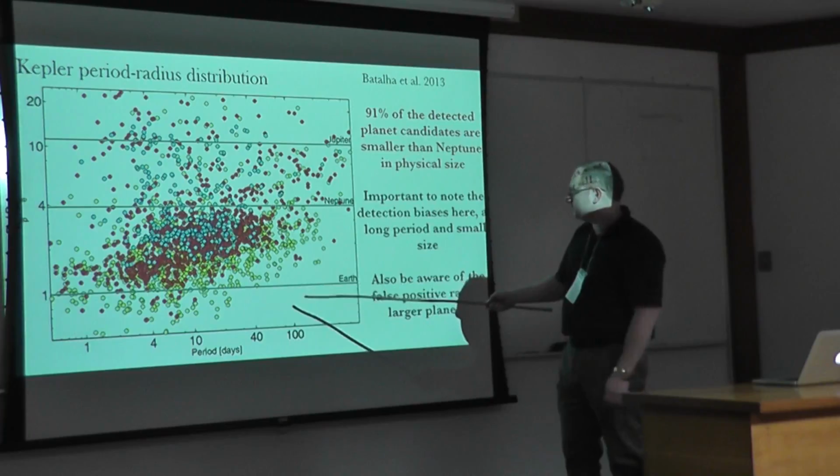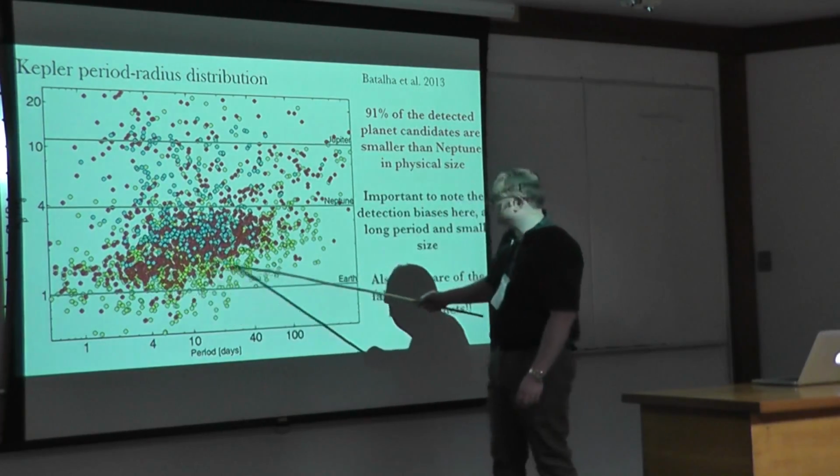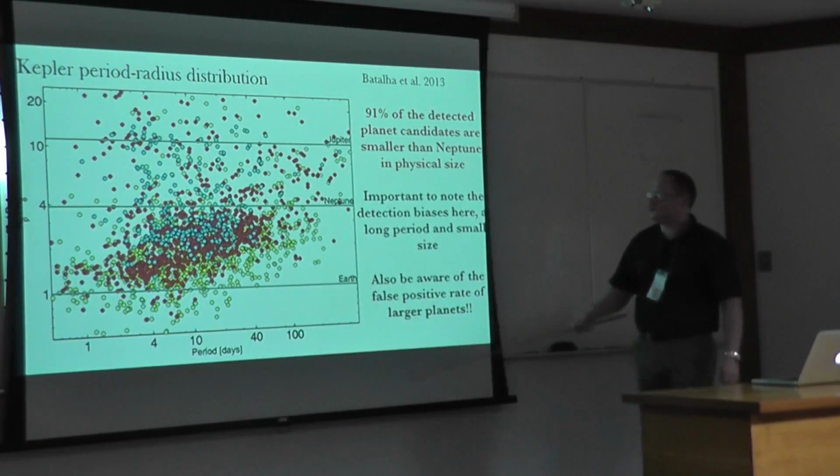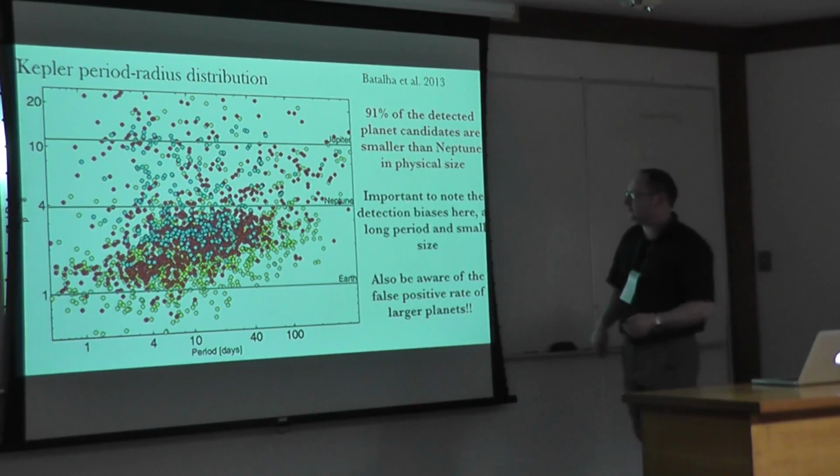And one thing to note is the high fraction that Kepler sees in here, the Earths to the Neptunes, the super Earths. Well, we said yesterday that the solar system's got none of these. Actually, we were discussing this morning, maybe it has one, this Planet 9, but it'll be interesting to see what happens with that.